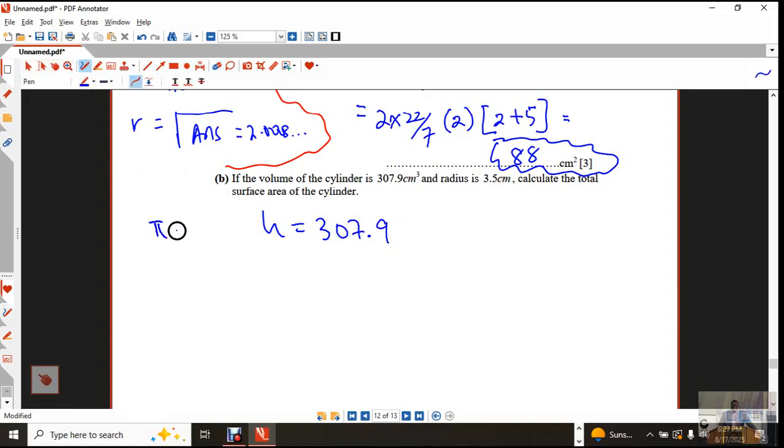That's pi times the radius, which is 3.5 squared, pi r squared times h. Then we know the value of pi is 22 upon 7. Then they say calculate the total surface area of the cylinder. So we need to find the height. So first find the height.